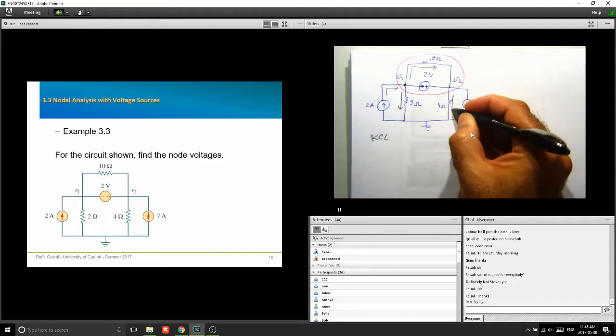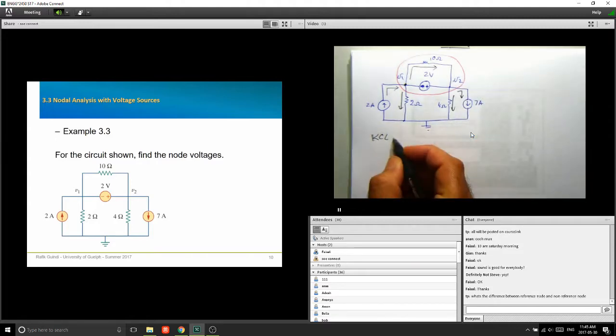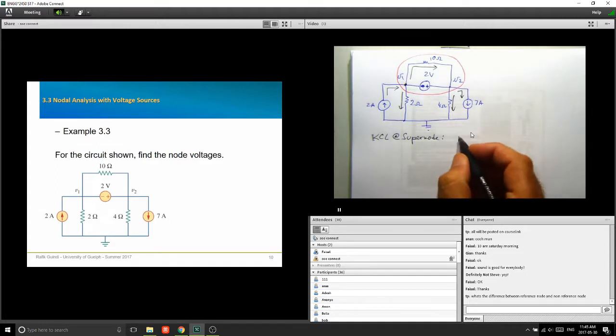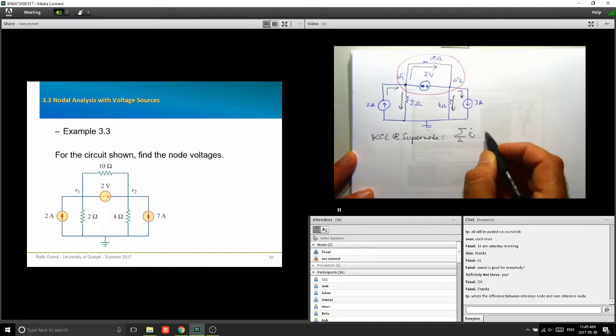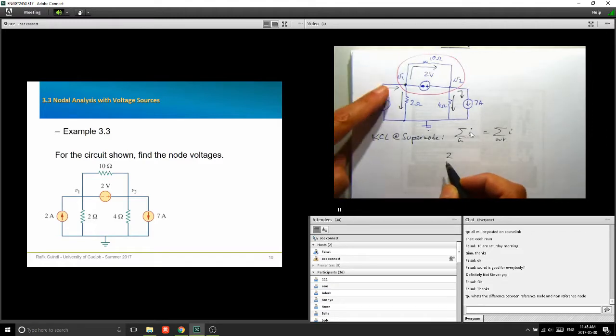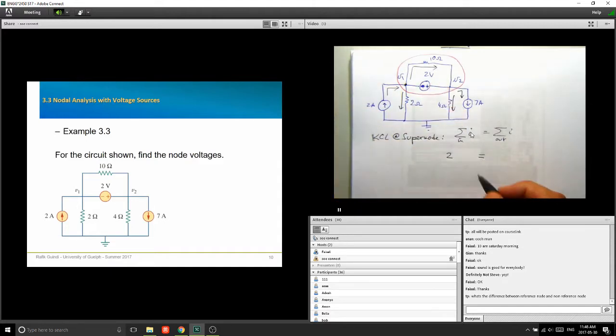Okay. And I'm going to write one KCL equation at the supernode. Sum of the currents flowing in equals sum of the currents flowing out. So I have currents flowing in. I have 2 amps flowing in here, and then all the others are flowing out.